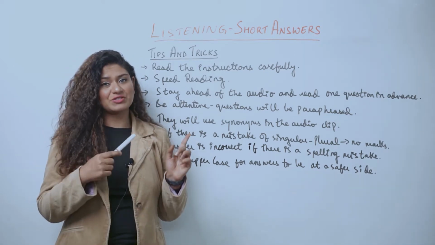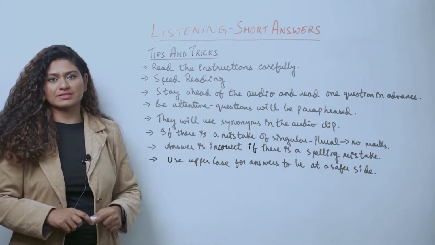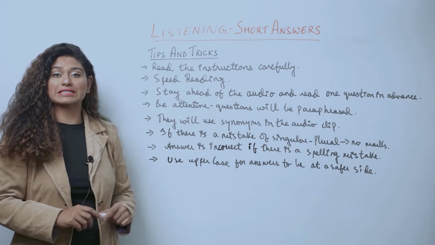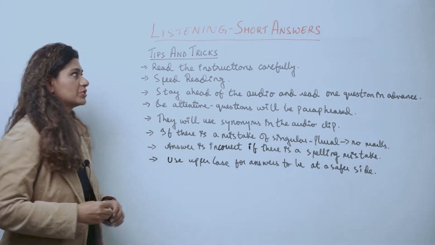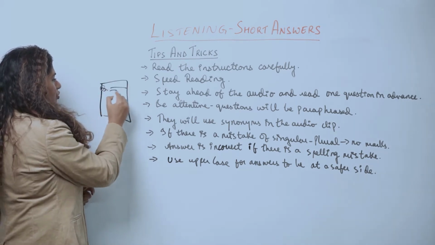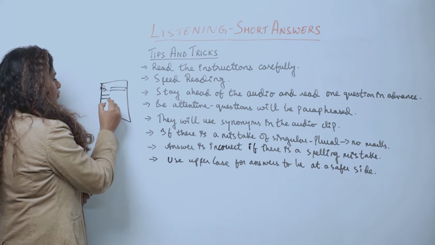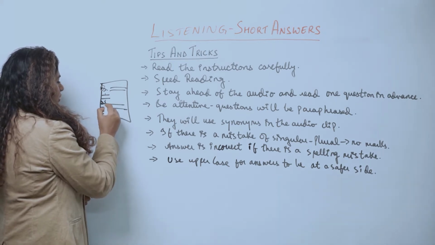Now coming back to the lesson, today we are going to discuss the short answers kind of questions for the listening module. Now we all know that short answer kind of questions are wherein you would be given a question and you would need to give short answers to those questions.